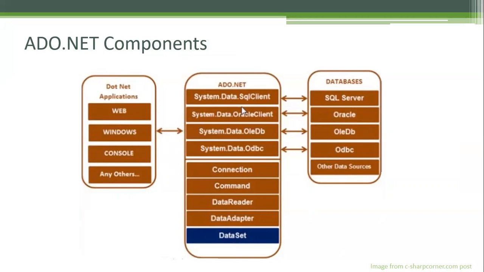OLEDB and ODBC are unmanaged code execution, whereas SQL and Oracle clients are managed code execution, and those two are faster because they are related to the .NET framework, and the code will be executed by the CLR.